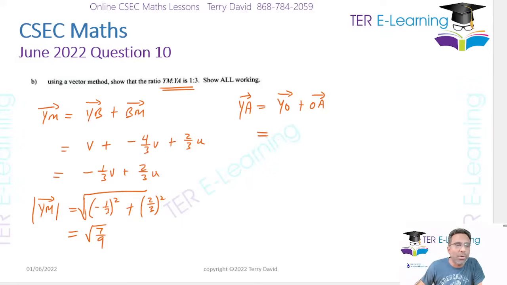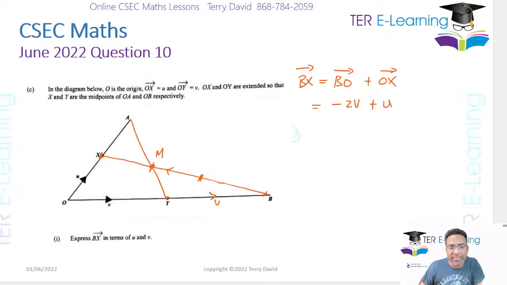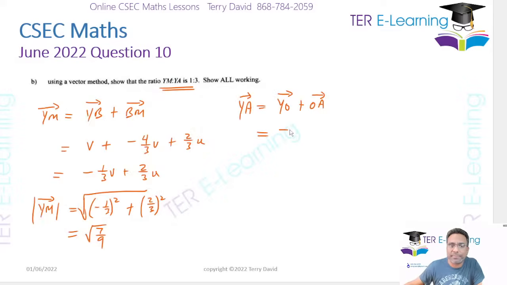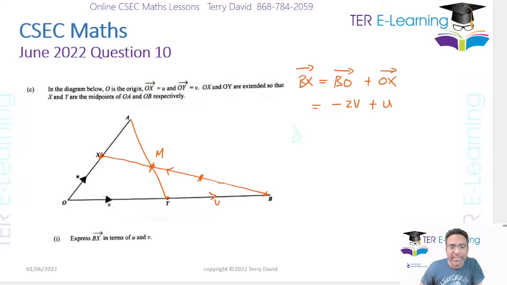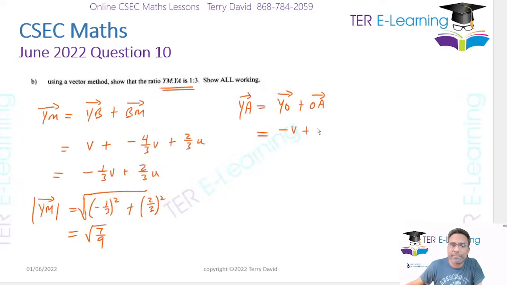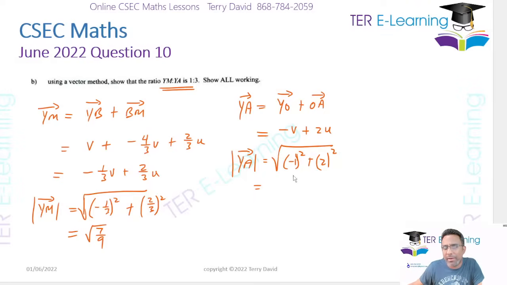And YO, according to the diagram, is going to be minus V, plus OA, which in this case is actually 2U. So the length of YA is going to be minus 1 squared plus 2 squared. Find the square root. So 2 2s are 4 and 1. That's going to give you 5.